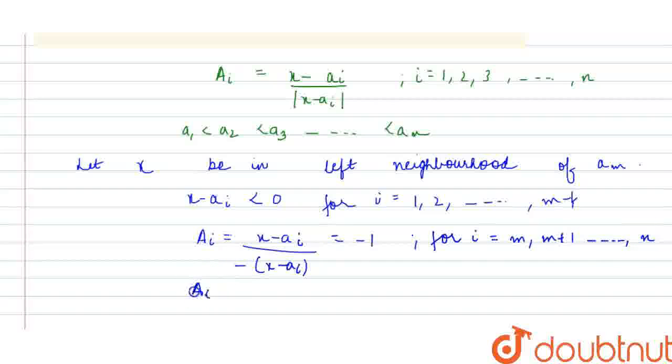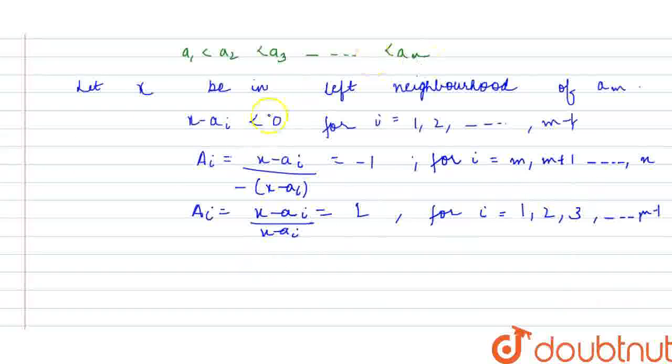And Ai would be equal to (x minus ai) upon (x minus ai), that is, the mod will be positive, which is equal to 1, for i equal to 1, 2 up to less than m, that is m minus 1. Understood?